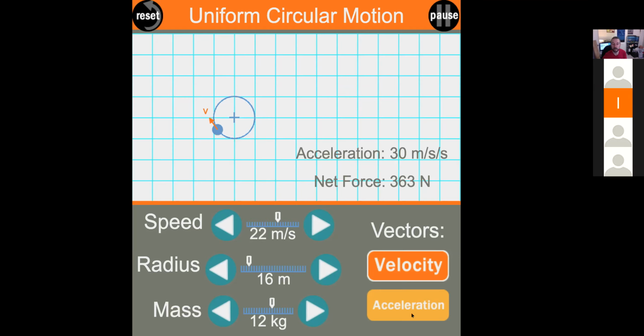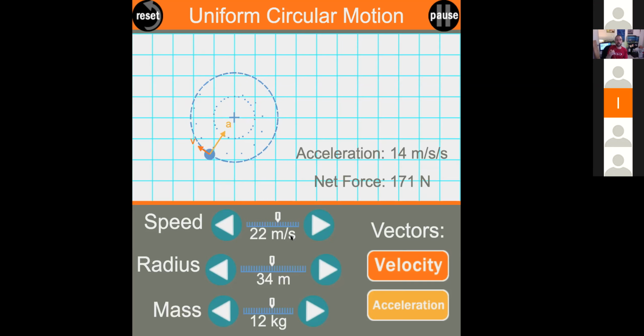And so what that means is that the acceleration vector, and let me change this so that we see this a little bit easier here. What it means is that our acceleration vector is pointed directly towards the middle of the circle. Because the force that we are exerting on the object, in the case of my tape and string, the force is coming from the middle. And so that acceleration is pointed towards the middle.